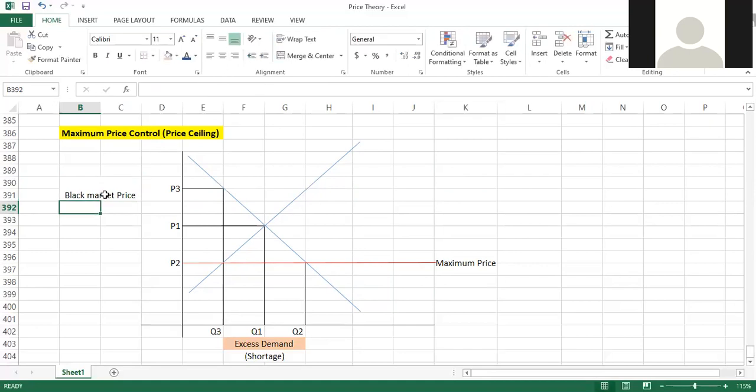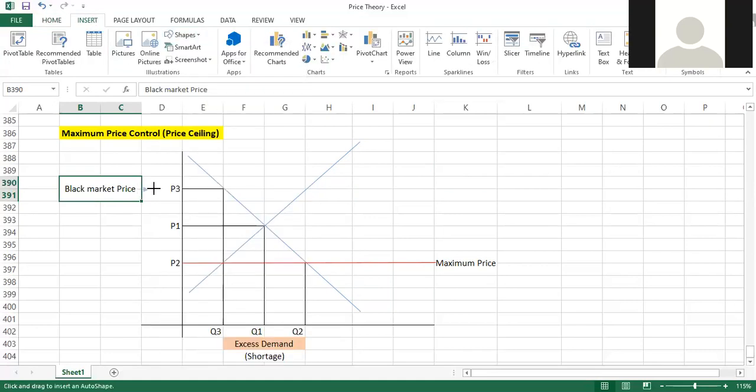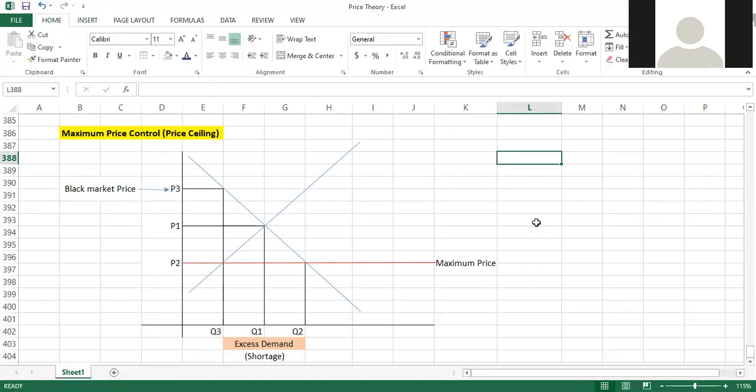That is the black market price. But the actual black market price can be even more than this, because theoretically this is the price the consumers are willing to pay.